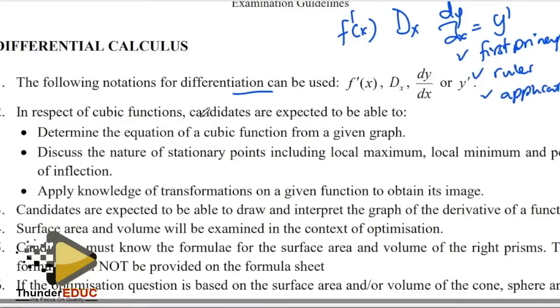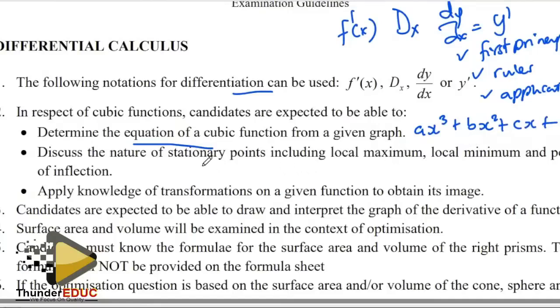Okay, here they are telling us that in respect of cubic functions, candidates are expected to determine the equation of the function. Remember that is ax cubed plus maybe bx squared plus cx plus d, where d represents the y-intercept. And then we can use either the long division or the synthetic approach in doing this.